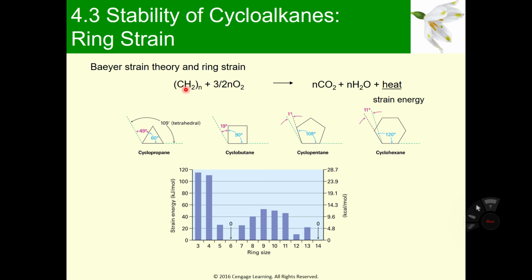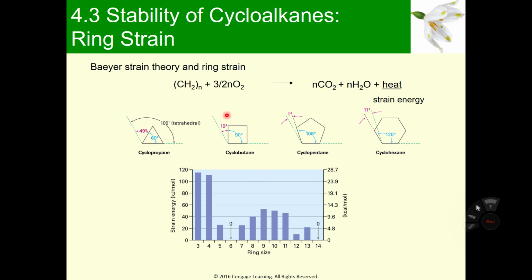Because the cycle is a ring, we suppose that the ring contains energy, and we say the energy included in the cyclic structure is due to strain, right? We call it strain energy. If it is due to the ring structure, then we call it ring strain, right?